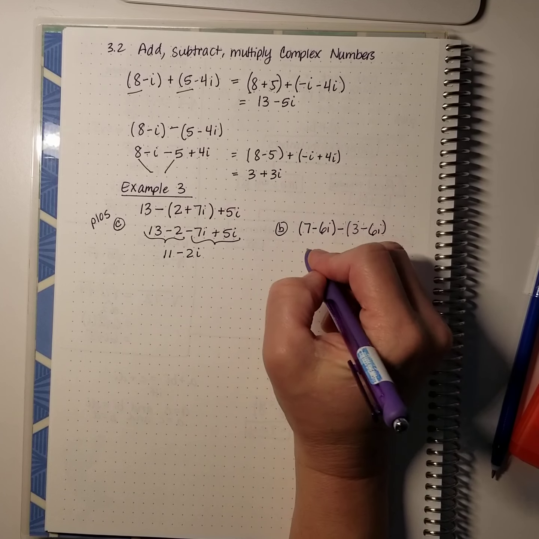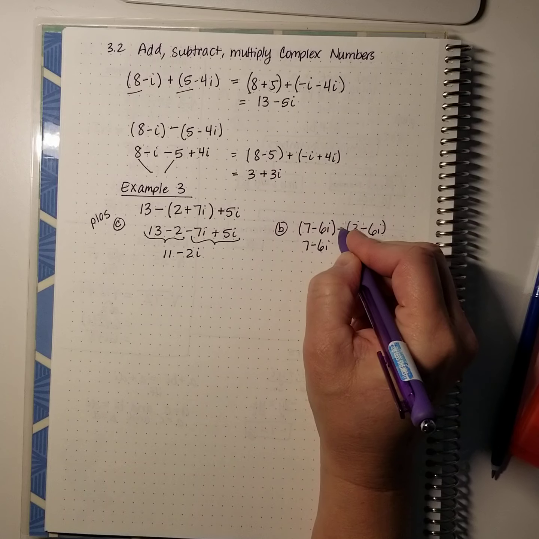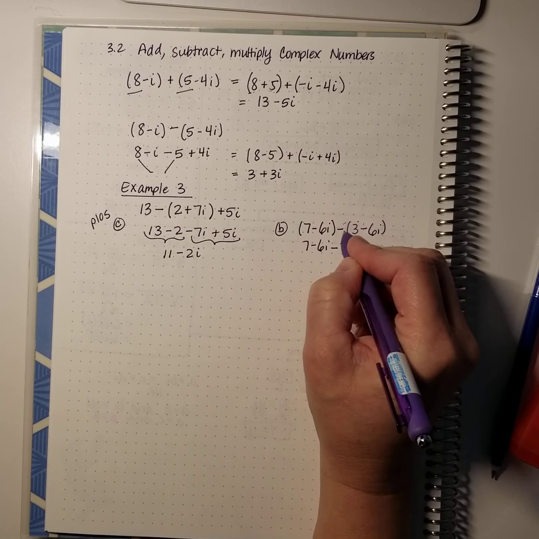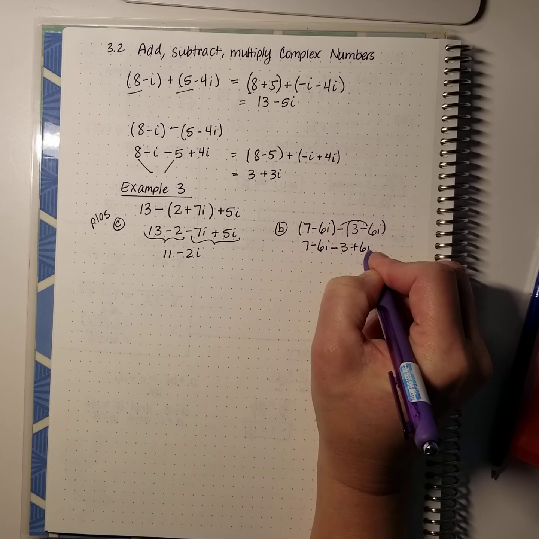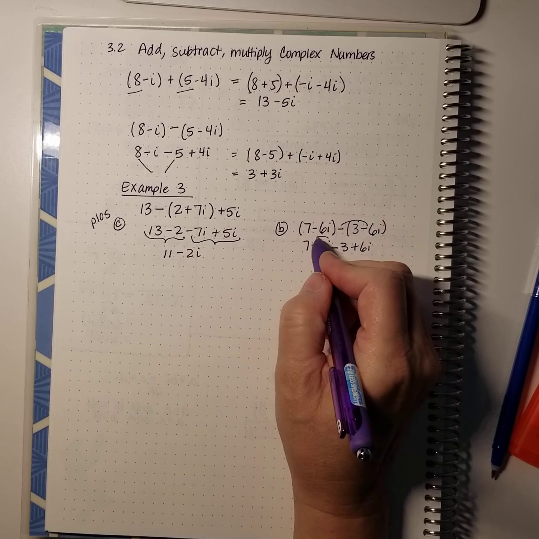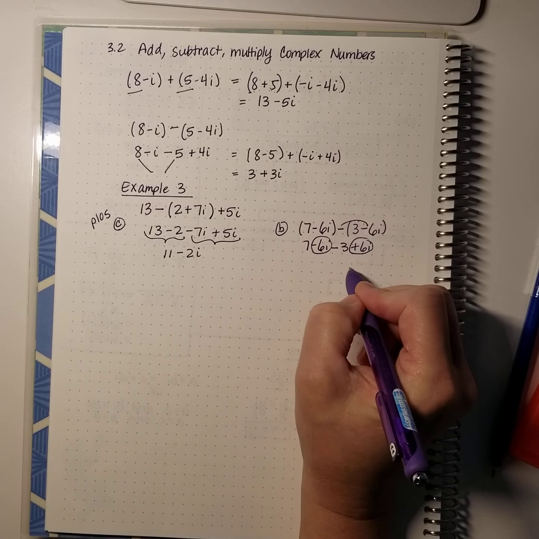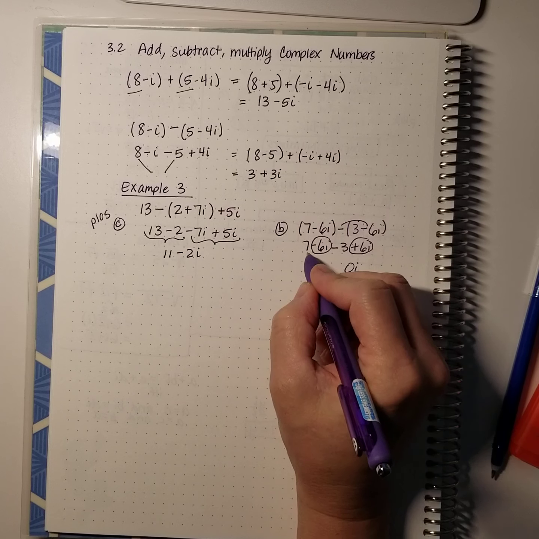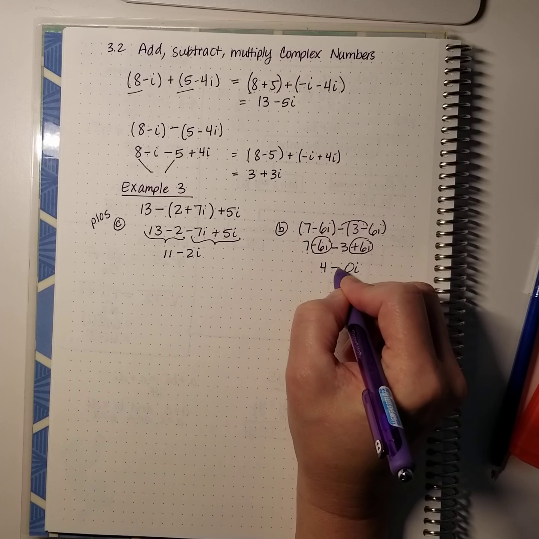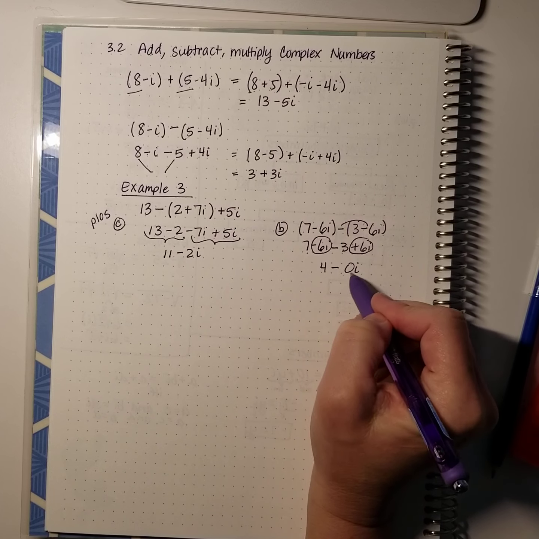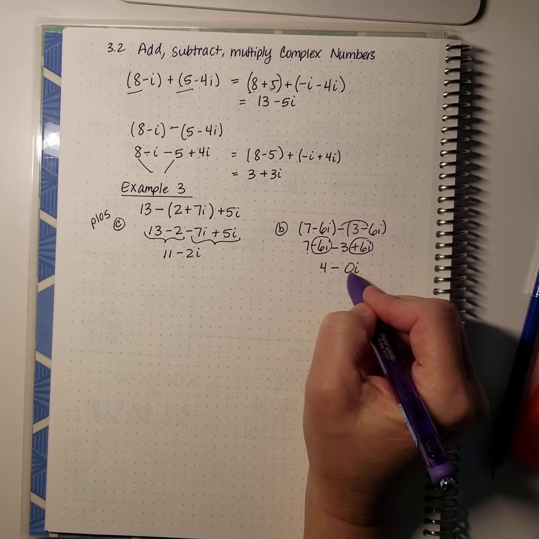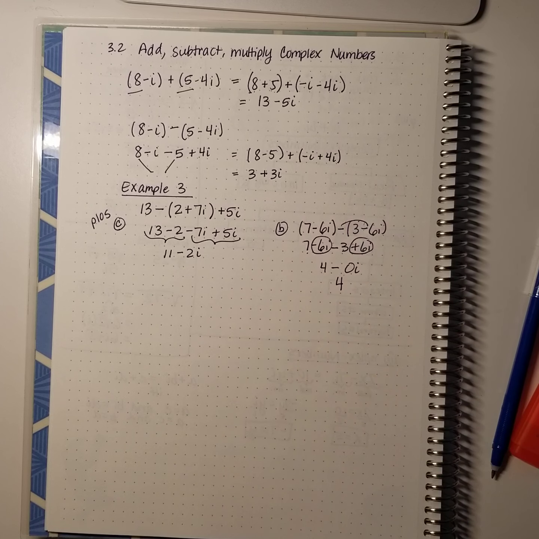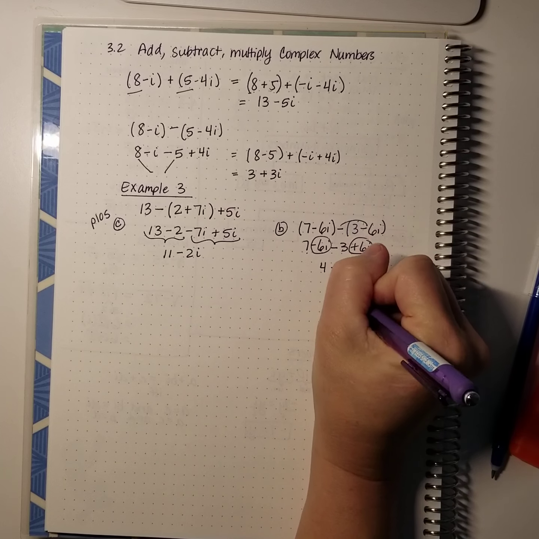Okay, so we have 7 minus 6i, distribute the negative, minus 3, plus 6i, and so the imaginary parts will end up being 0i, and we'll have 7 minus 3, which is 4, minus 0i. This simplifies away. 0 times anything is 0, so we have 4 minus 0. And so for this one, we're left with just 4 as our final answer.